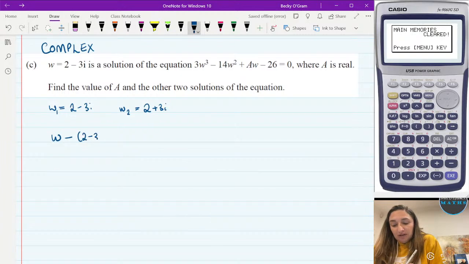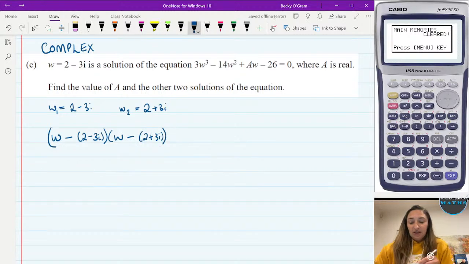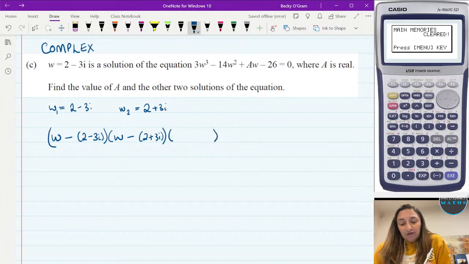So w minus (2 minus 3i), that's a factor. w minus (2 plus 3i) is also a factor. So if we times those together, we will get another factor. What we will also have is a third factor, and this third factor, we need to fill in the missing pieces of what would go in there, and that will help us to work out the a that we're looking for. Okay, so that's what we're aiming for.